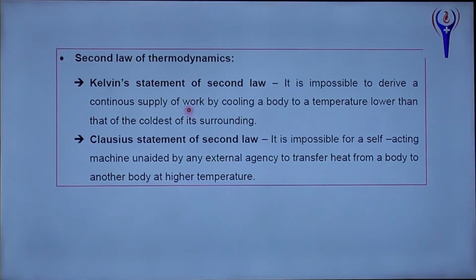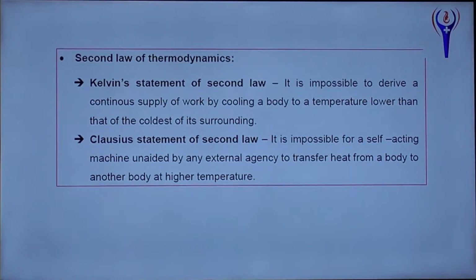Best example, a refrigerator. Inside a refrigerator, is the temperature greater or less than the surrounding room temperature? In the freezer, 0 degrees Celsius.